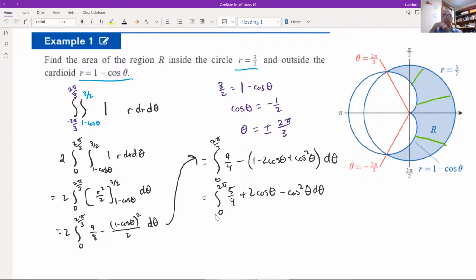I think the strategy is to use a half angle theorem, or double angle theorem. Shoot. All right, so let's do this before we take the integral.